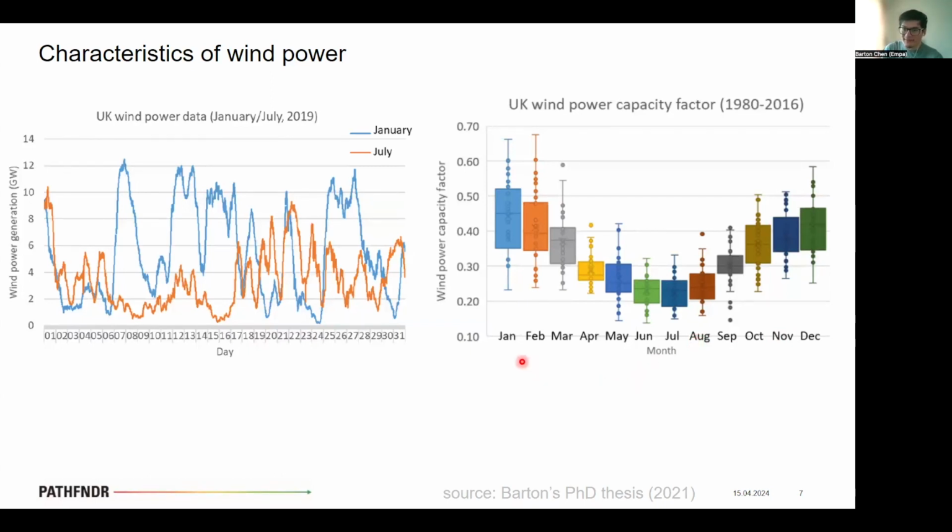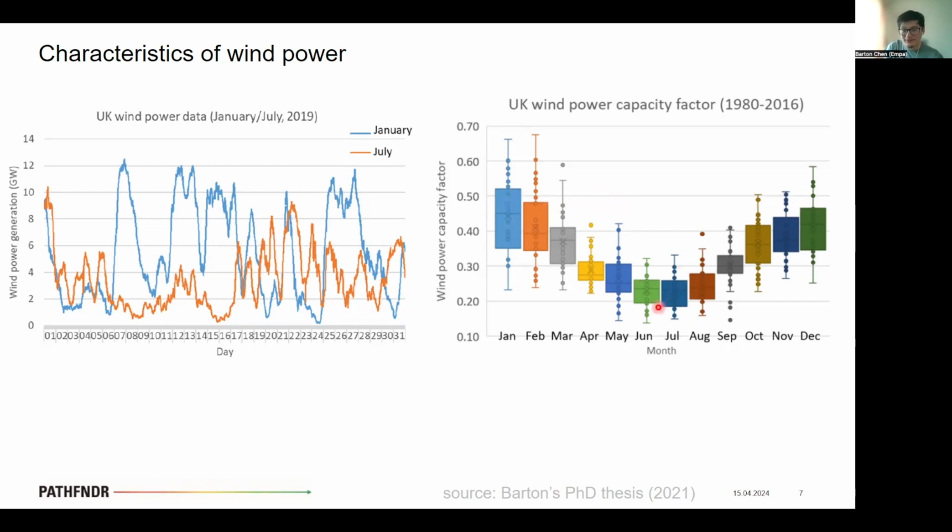This diagram shows the distribution of the power capacity factor in each month over the years. You can see that in winter, the average capacity factor is much higher than in summer. In summer it could be as low as 25%, and in winter it could be 40 or 50%.